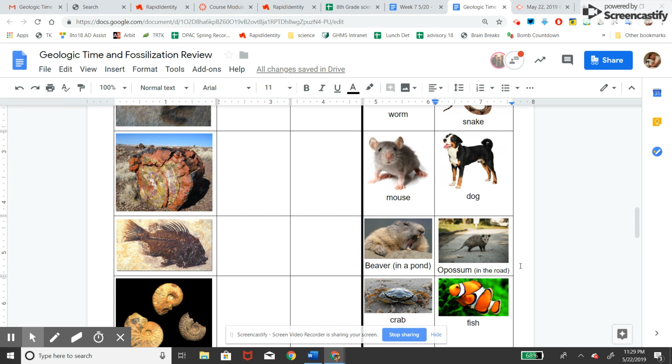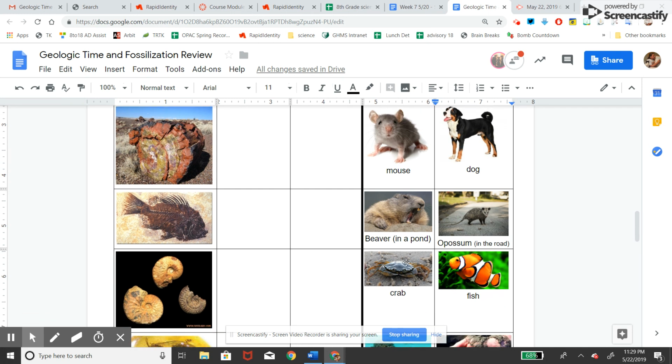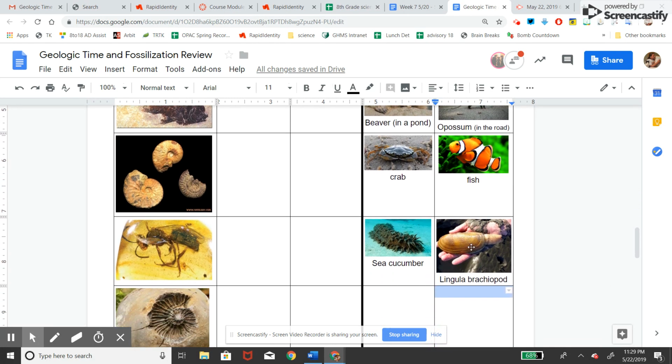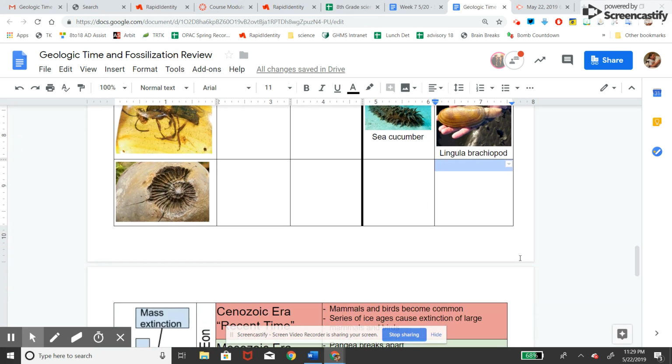A fish or a crab: a crab has harder parts, so it should be able to last longer. A brachiopod, the same thing, harder parts. A sea cucumber, whatever it is. Okay.